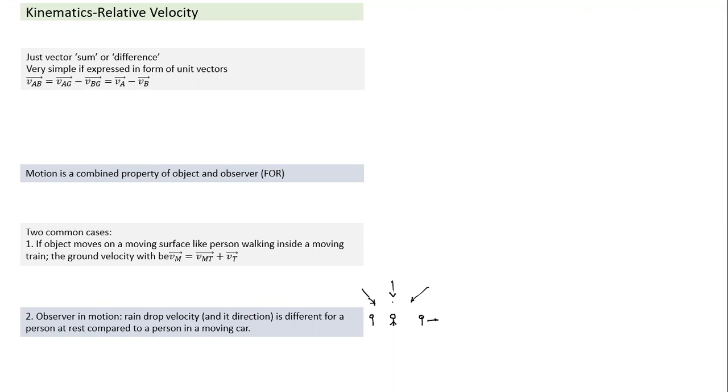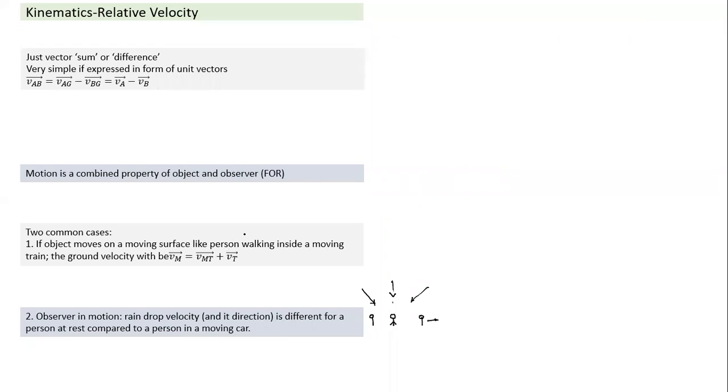So why does it appear like this? Because it is seen from a frame of reference which itself is in motion. So any question where the observation is made by a person in motion, or from a frame of reference which is in motion, is the second category. What we observe is not the ground velocity, what we observe is the relative velocity. So these are the two common cases we have to keep in mind.